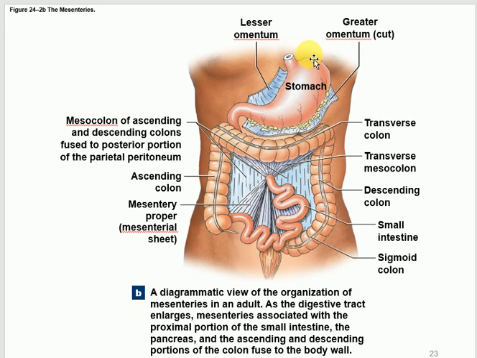So the one that attaches the lesser curvature to the liver, lesser omentum. Here it is. Look at this one, they cut it. But in the actual models, you will see it hanging down like this. So this is the greater omentum. How to recognize it? Attached to the greater curvature. This is the mesocolon right here because it is attached to the colon.